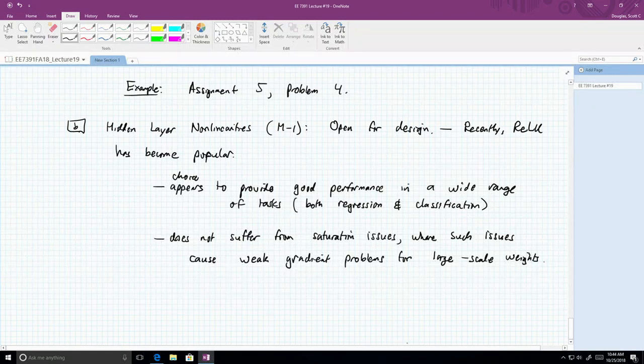And what I want to do is kind of decode that issue. And it's actually due to saturation, as I said. So weak gradients, so let me talk about this.